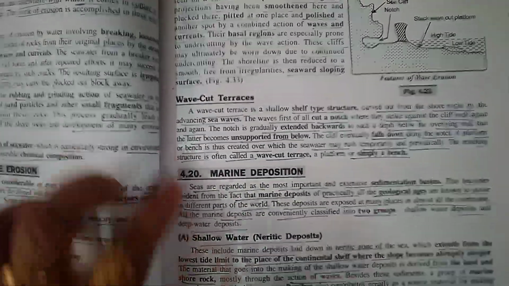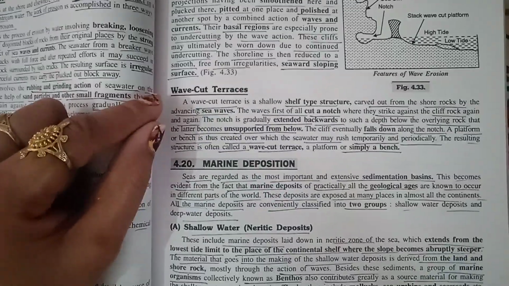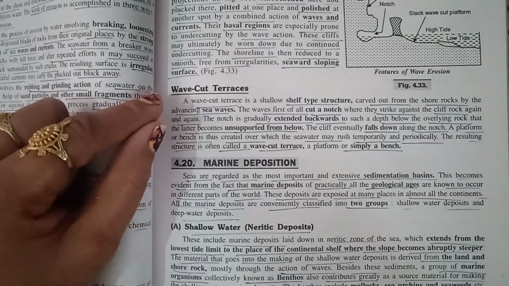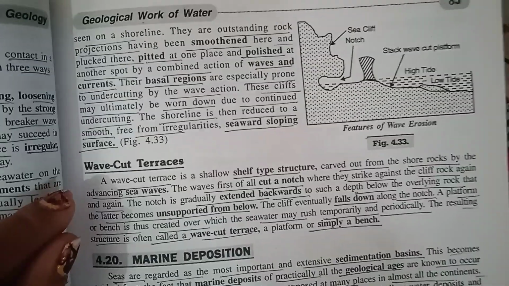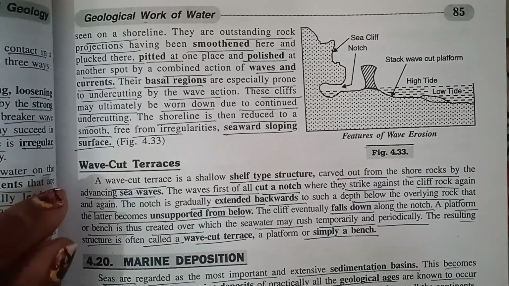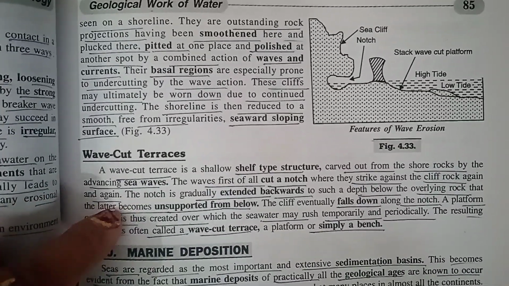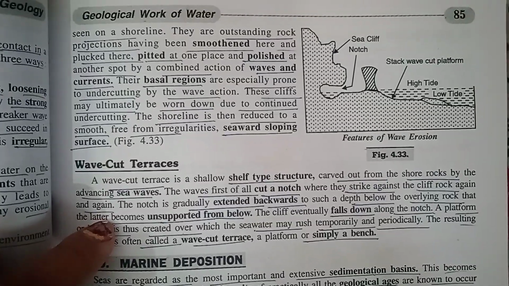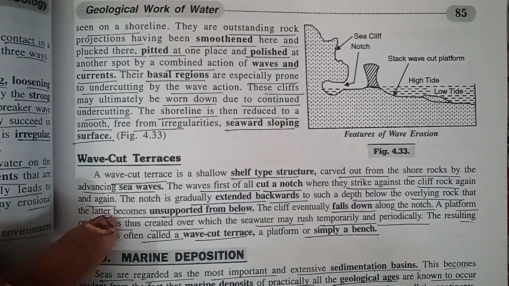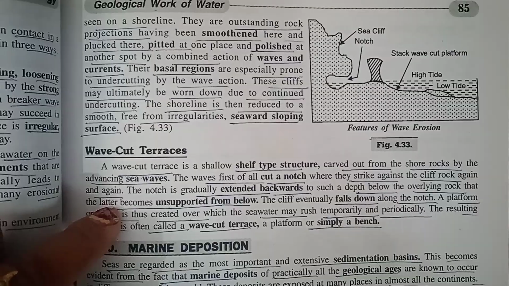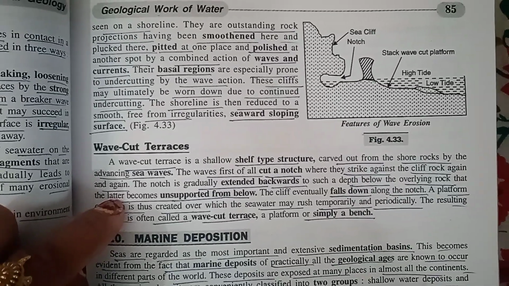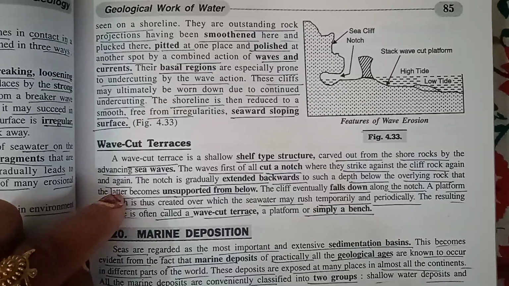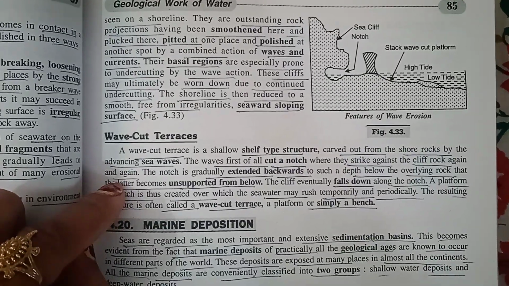Wave cut terraces. A wave cut terrace is a shallow, shelf-type structure carved out from the shore rocks by the advancing sea waves. The waves first cut a notch where they strike against the cliff rock again and again.